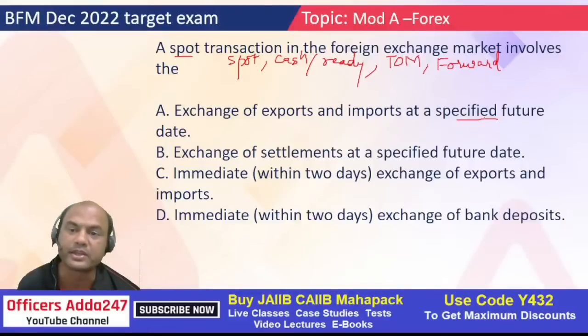Correct, it is forward. But I want the one for spot. Move on. Exchange of settlements at a specified future date. So that is again forward.